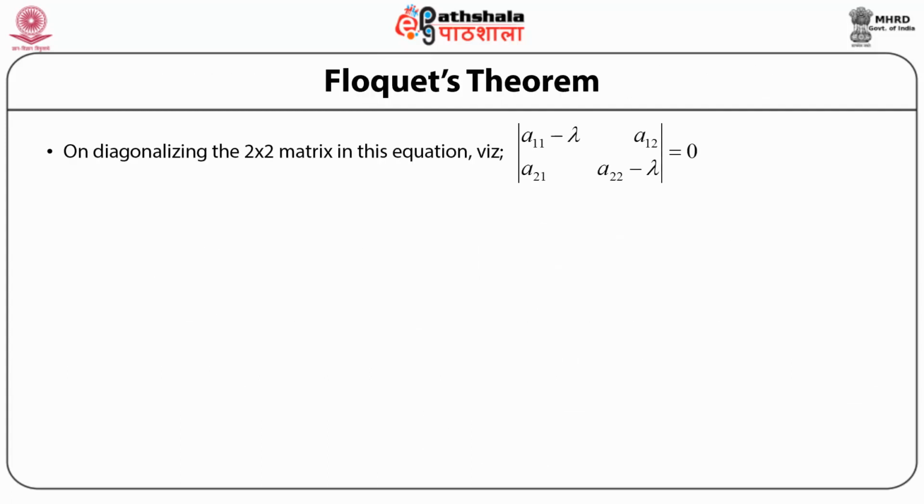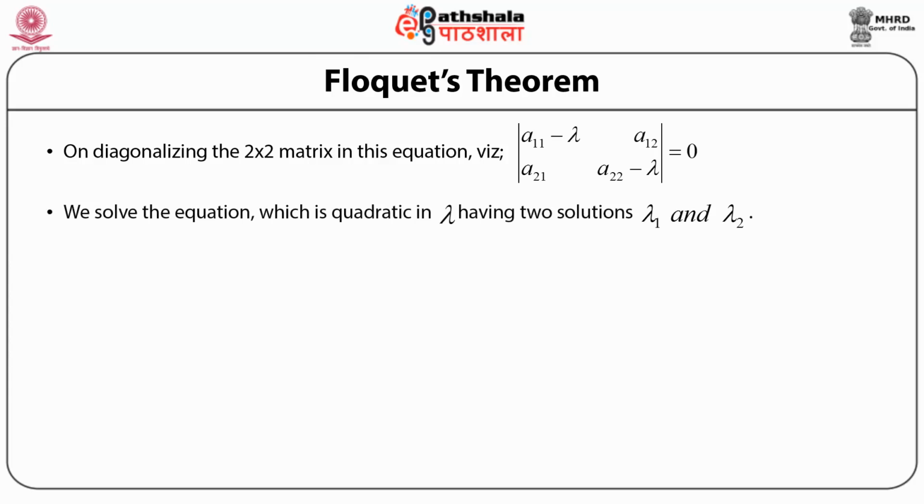On diagonalizing the 2 cross 2 matrix in this equation, with the determinant given as first row a11 minus lambda, a12, second row a21 and a22 minus lambda, equal to 0, we solve the equation which is quadratic in lambda and has two solutions, lambda 1 and lambda 2.